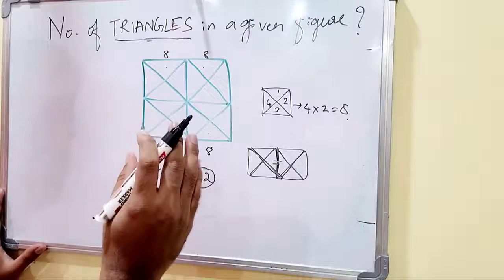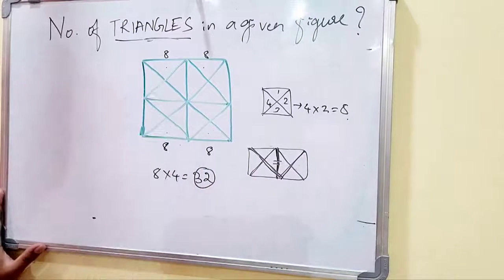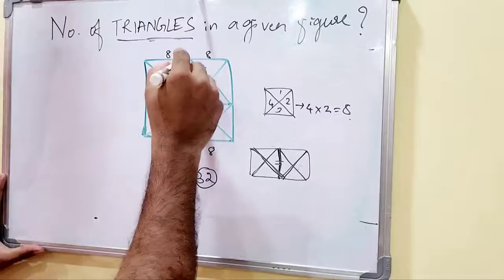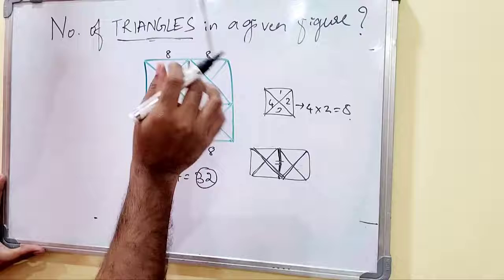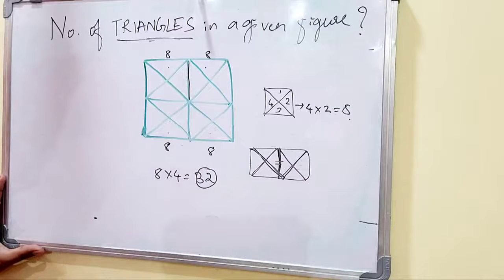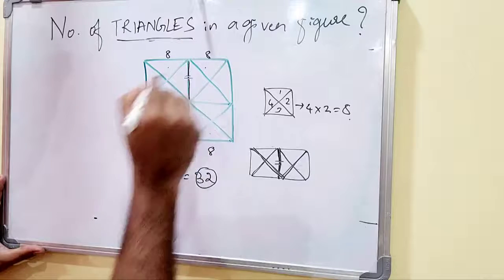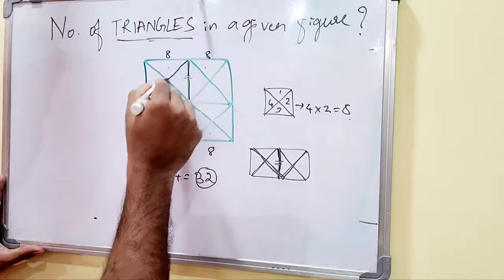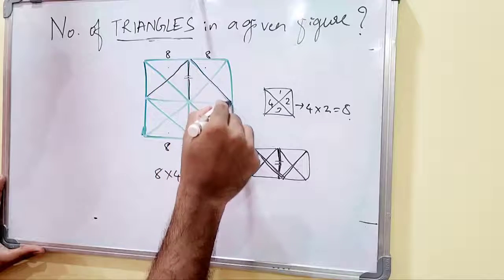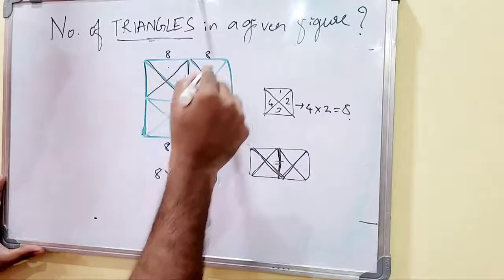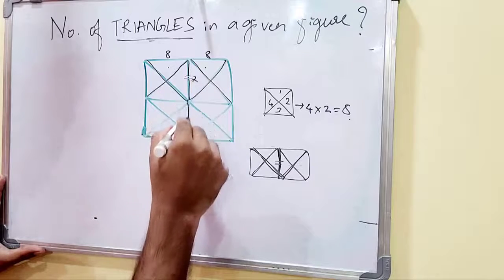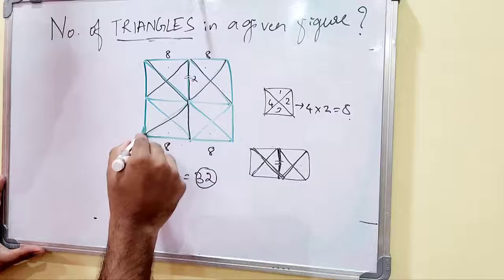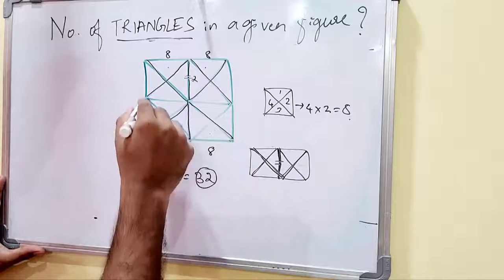Here there is an observation that needs to be made. Consider this line in these two squares. This line contributes two triangles. This line again contributes two triangles.